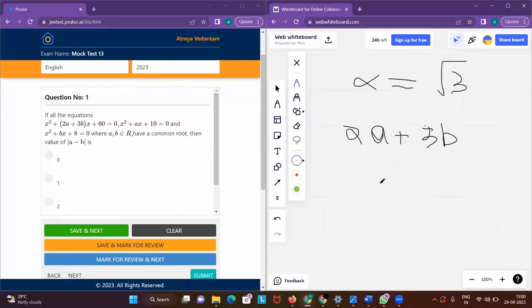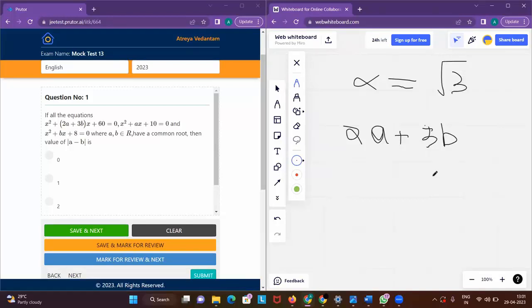Okay, how will this help us? Firstly, let us assume that alpha is one of plus or minus square root of 3. Let's say first we assume it is plus square root of 3. We can substitute that into both the equations. So we get 3 plus root 3 a plus 10 is equal to 0, which means a is equal to minus 13 by square root of 3.